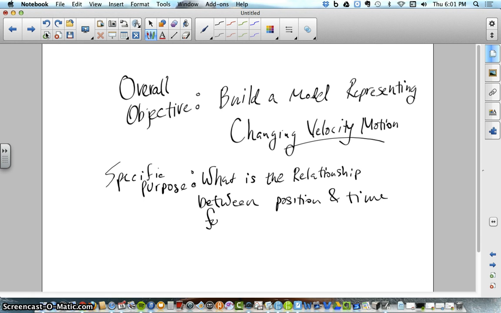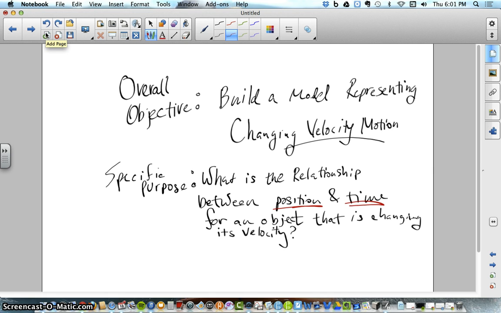And this would be for an object that is changing its velocity. Okay? And we answered that already. We have an equation that represents how position and time are related for an object changing velocity.